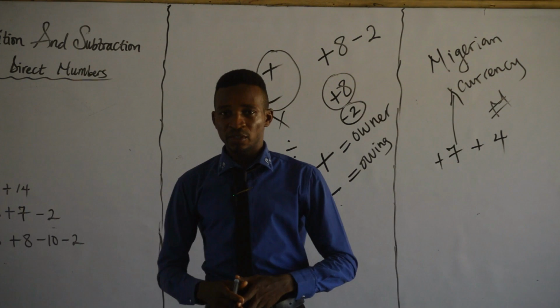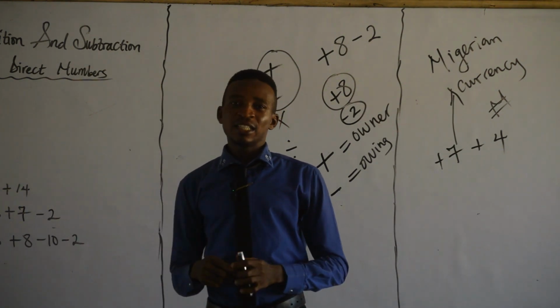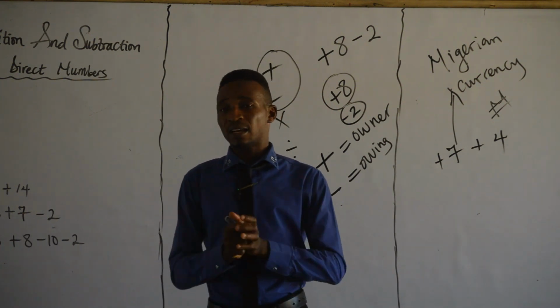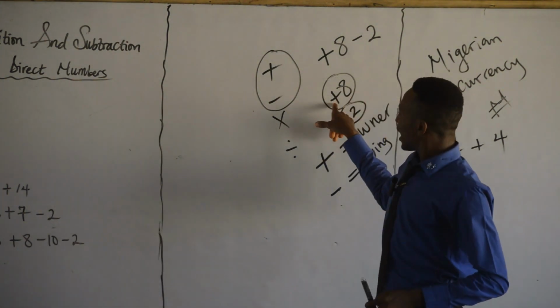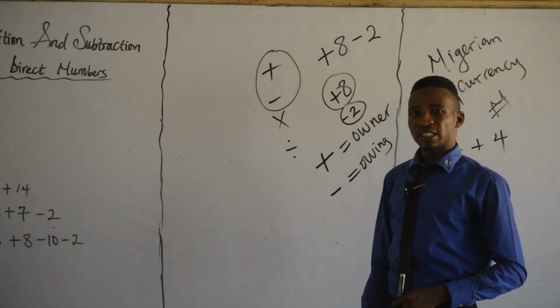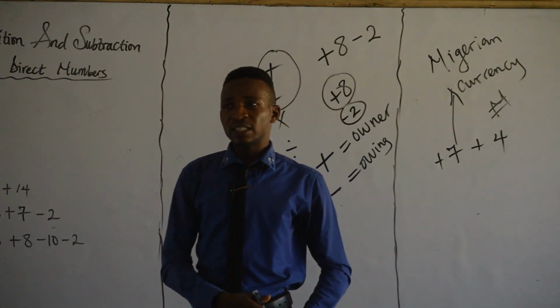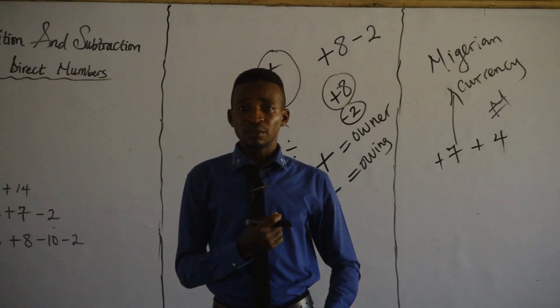To make it easy for yourself, you can even imagine that it's one of your friends, maybe somebody close to you, that you are owing that amount of money. So if you are owing somebody 2 Naira and you are having 8 Naira in your pocket, you can just decide, okay, now that I'm having 8 Naira in my pocket and I'm owing somebody 2 Naira, let me give this person the 2 Naira that I'm owing.